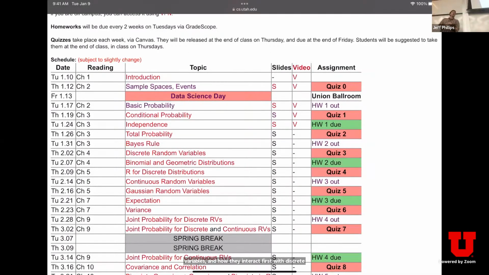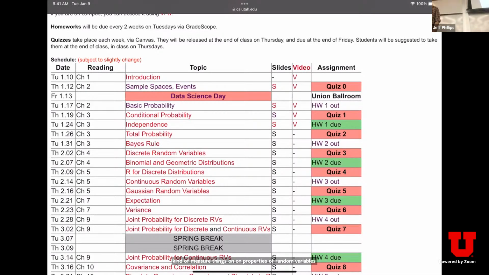A lot of how you interact with probability in modeling things is through the notion of random variables, and this is a complicated topic, something beyond events. So we'll spend some time looking through a number of examples with discrete distributions and then continuous distributions, and how we can measure things on properties of random variables.